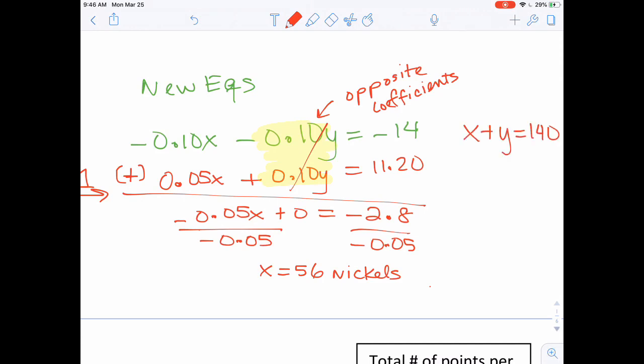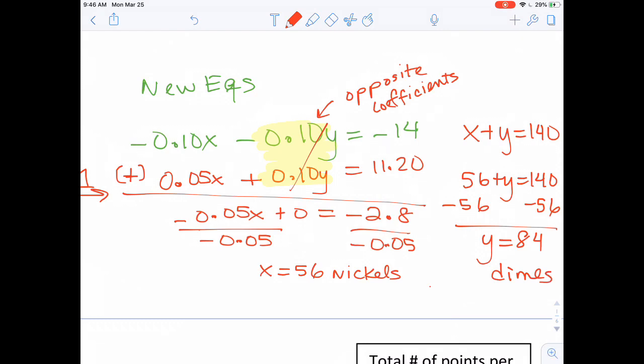And some of you can just do this in your head. 56 plus y is 140, and then minus 56 on both sides. That gives you 84 dimes.